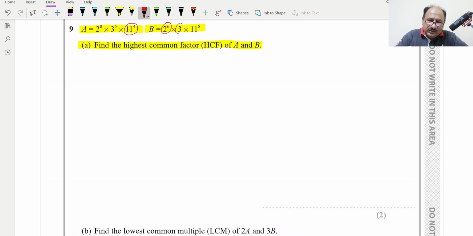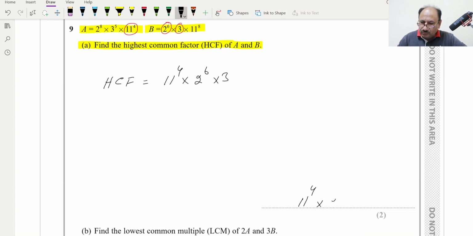We can take 3, which is raised to power 1 only, and we can write our answer. HCF is equal to 11 raised to the power 4 into 2 raised to power 6 into 3, and this will be our answer.